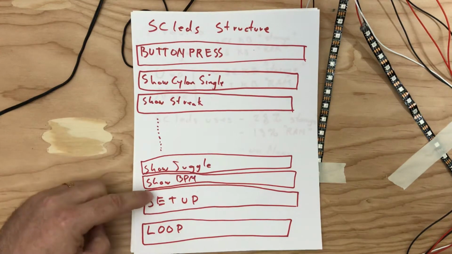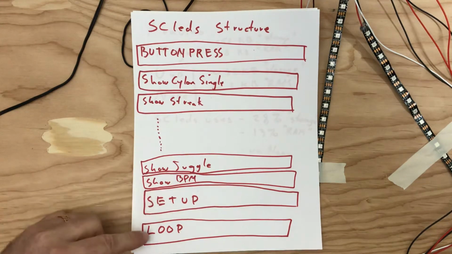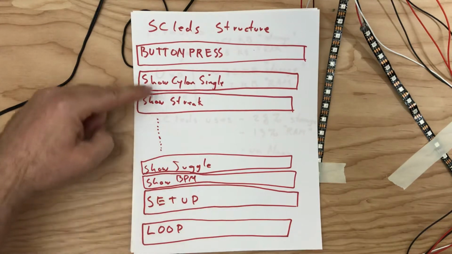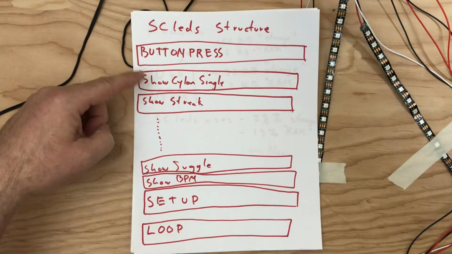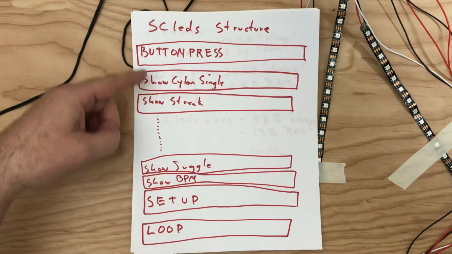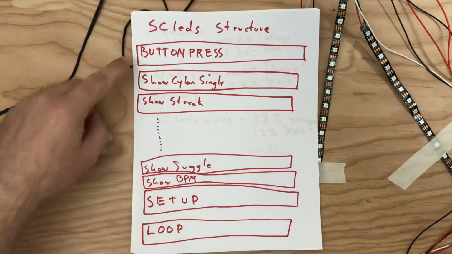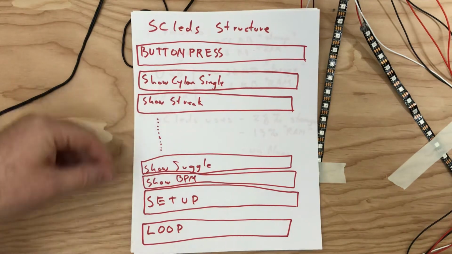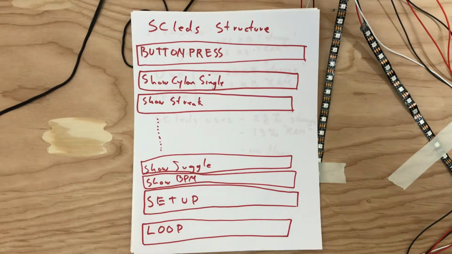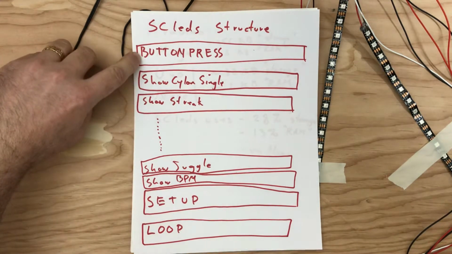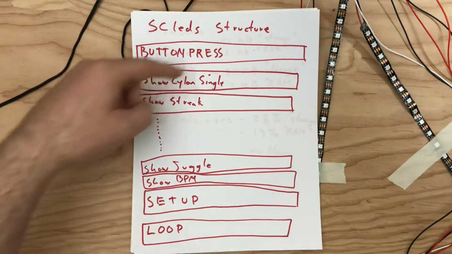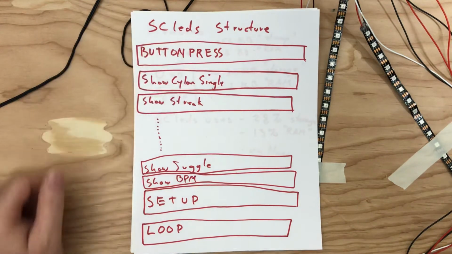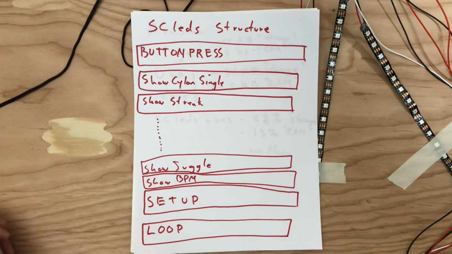So code starts, setup runs, goes into the loop. It says, okay, based on the pattern I have, go to the particular function and then keep running in there until the button is pressed. Each function, every time it does an update, says, okay, I'm going to do my update, now I'm going to go check if the button is pressed. If the button is pressed, I think it returns true, but also in here it increments the values for the current pattern and style.